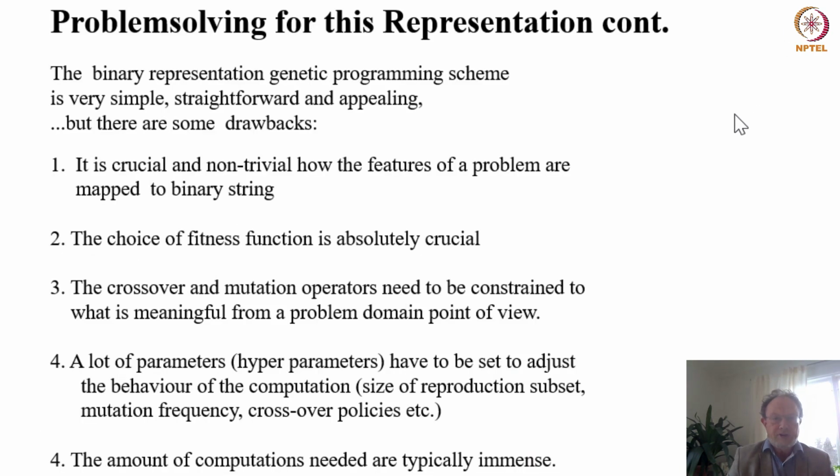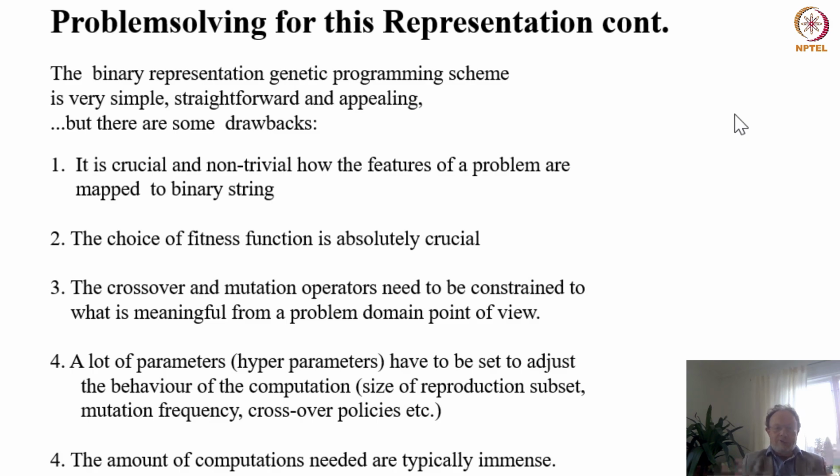The binary represented genetic programming scheme is very simple, straightforward, and appealing. But there are a number of drawbacks with this, and I want to mention a few issues. So it's crucial and non-trivial how the features of problems are mapped to binary strings.